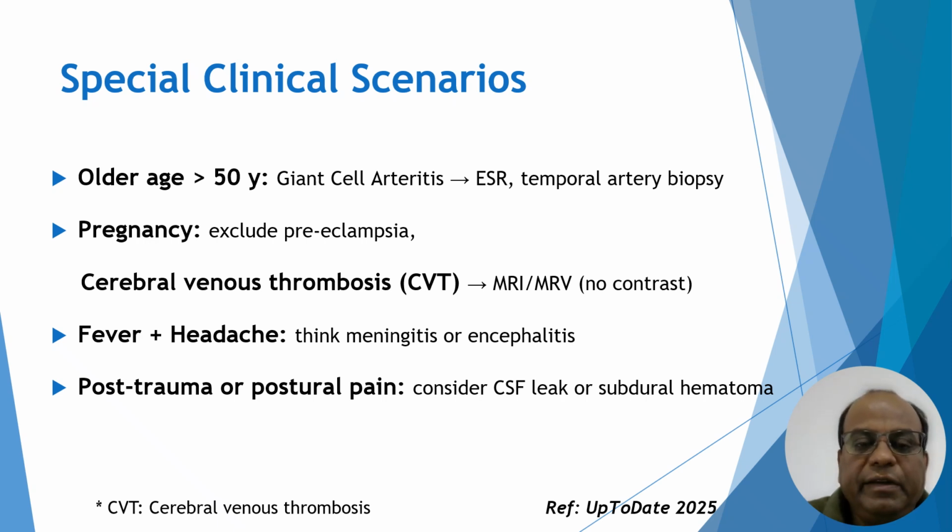If the patient has fever with headache, always think meningitis or encephalitis. And in case of post-trauma or postural pain, consider CSF leak or subdural hematoma. So these are a few special clinical scenarios which should be considered while planning for the investigations.